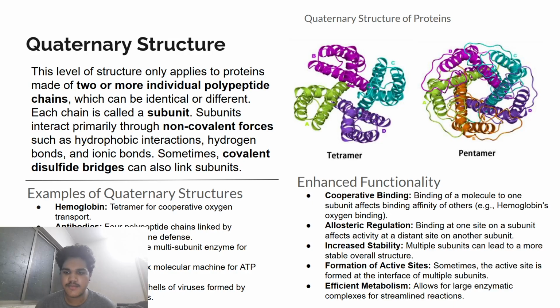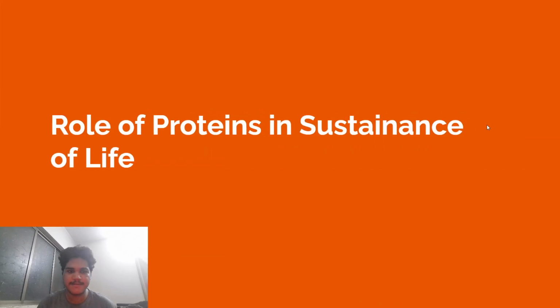Allosteric regulation: binding at one site of a subunit affects activity at a distant site of another subunit. Increased stability: multiple subunits can lead to a more stable overall structure. Formation of active sites: sometimes active sites are formed at the interface of multiple subunits. Efficient metabolism: allows for large enzymatic complexes or streamlined functions.